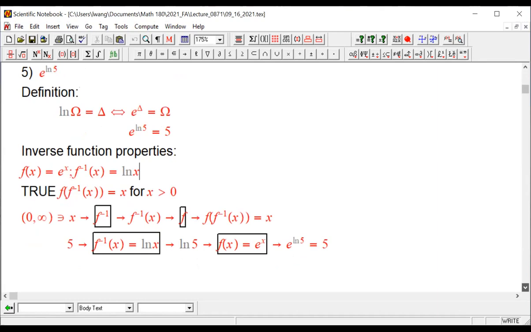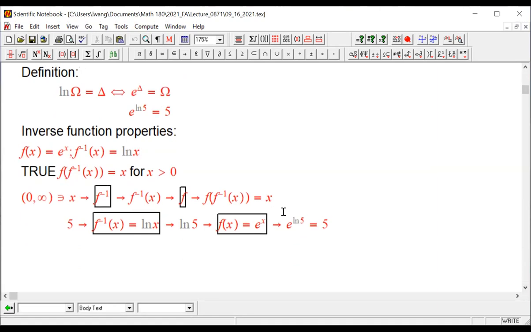Mathematically, we don't use this. You don't see a lot of these flows in any textbook. I'm using it a lot recently. But what you do mathematically is we make it shorter. So if this is 5, we write it as f of f inverse of 5. That's just plug in, so I get ln 5.